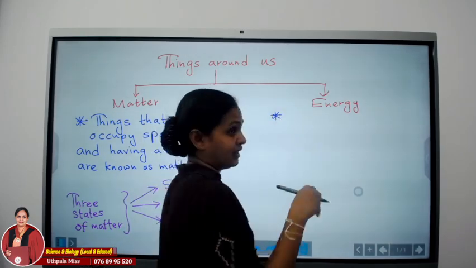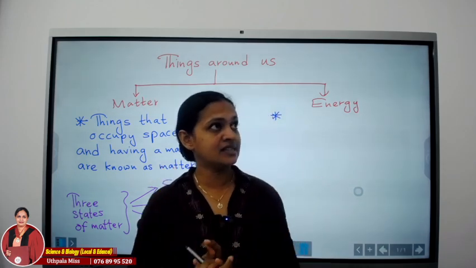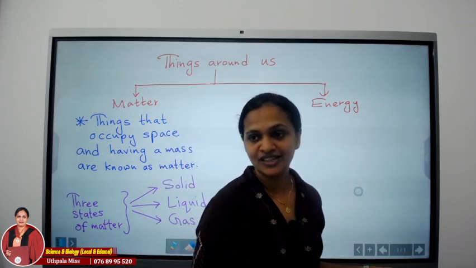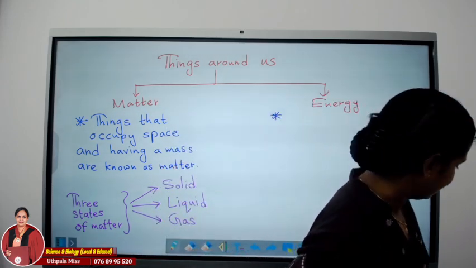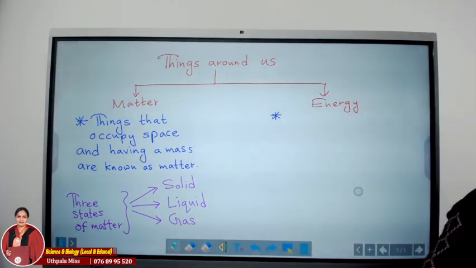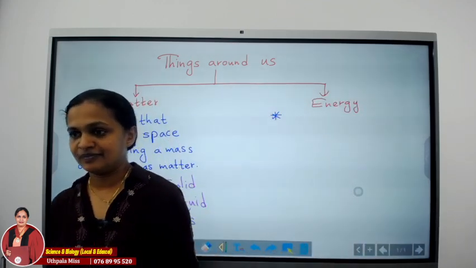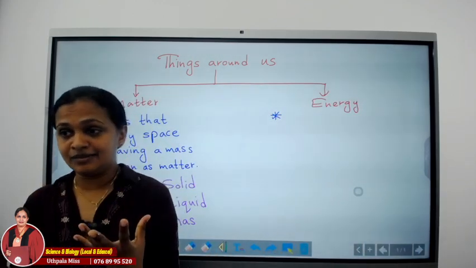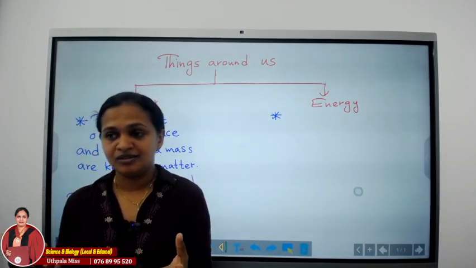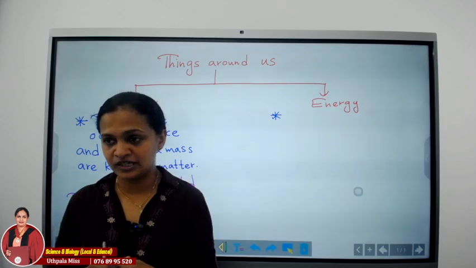Now I have illuminated this classroom by using lights, right? But the light does not occupy space inside the classroom, right? And you can hear the sound, but the sound does not occupy space.